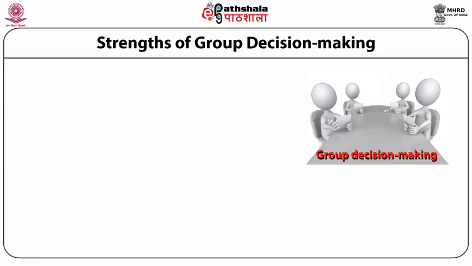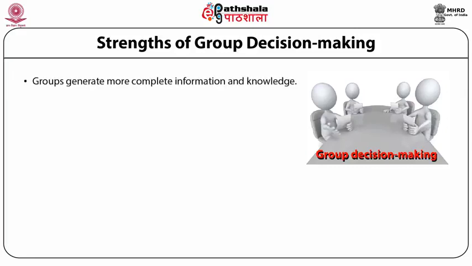The strengths of group decision making. Now, all of us know that when a group makes a decision, there are certain strengths to it which could be very important. One, groups generate more complete information and knowledge than single individuals. Second, they offer increased diversity of views, which is again a strength of group decision making.